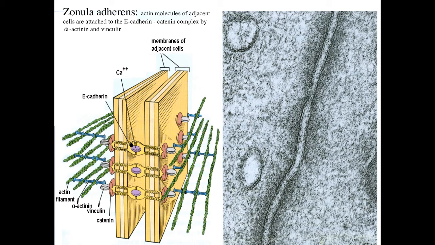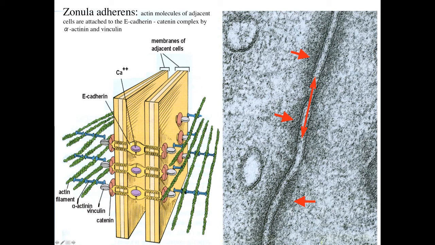As shown in the electron micrograph, there is actually a space between the cells, but you also get a sense that there's some type of proteinaceous material between the cells, and that's what's reflected here in the diagram. And then here you can get a sense that the arrows on the electron micrograph are reflecting the cytoskeletal components that are drawn on the diagram.